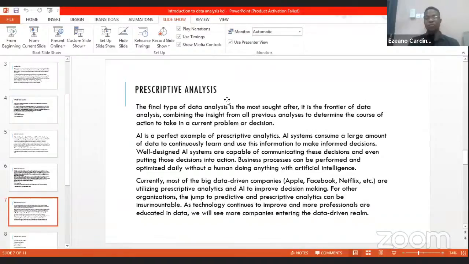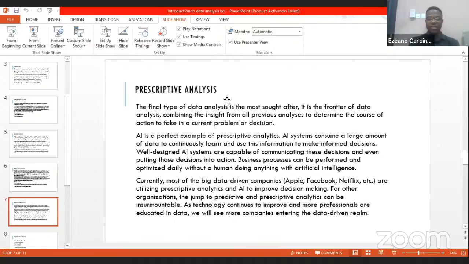That is why it is called prescriptive, like when a doctor prescribes drugs to a patient, for the patient to take and be healed. So in this kind of analysis is where we answer the question of how to solve the problem.